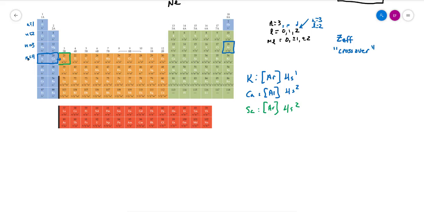And that's where we drop back down to the 3d level up here, because we haven't used it yet. And we call this 3d1. That's the first that we've added here. So we could go down this row. We could say titanium, similarly be argon, 4s2, 3d2, and we could continue across the periodic table in this fashion.